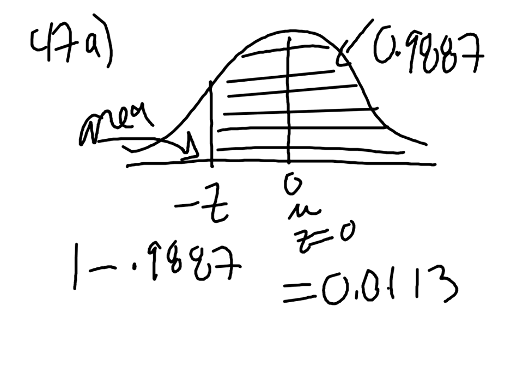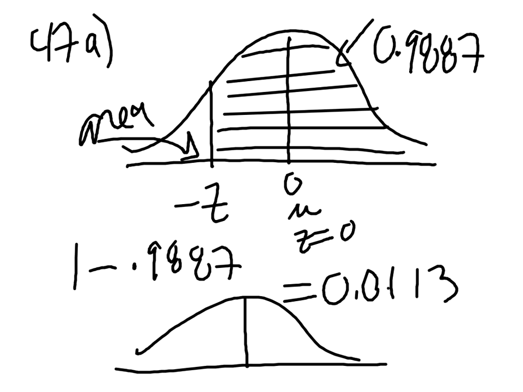Okay, so now I'll do an entirely new situation here. We've written a comparable problem. This area here is 0.0113, and the Z value associated with that area, the negative Z value, can be looked up now using the negative Z tables.